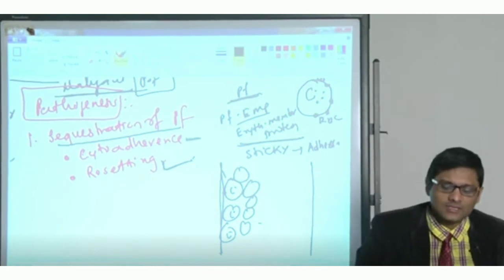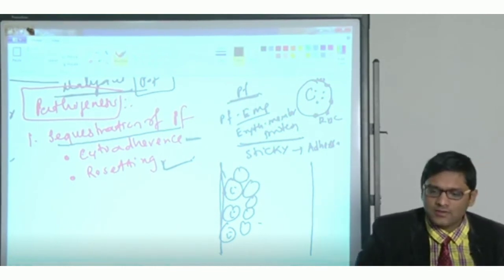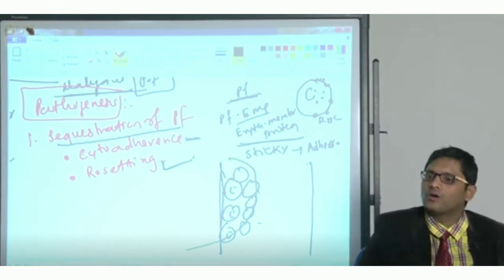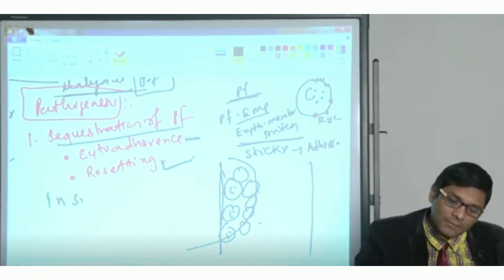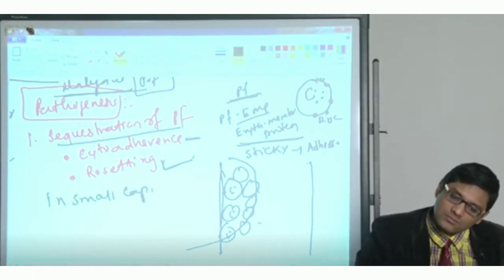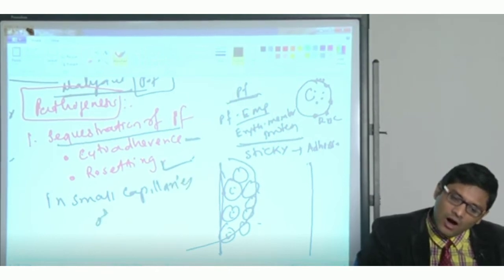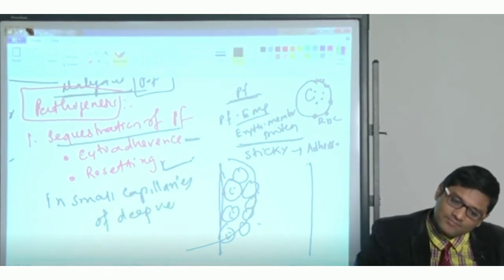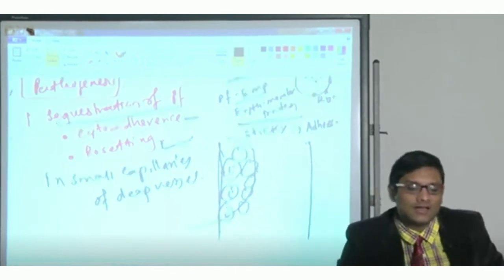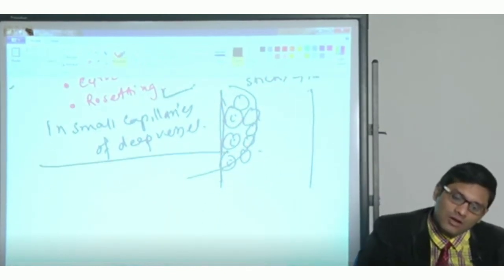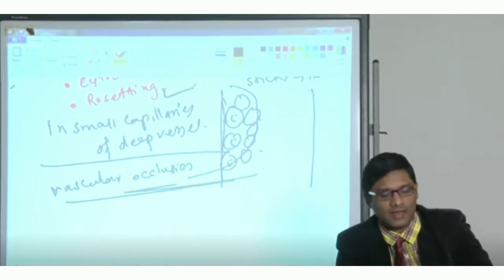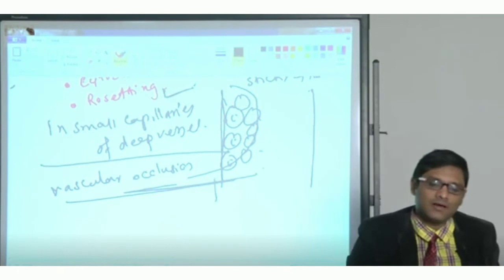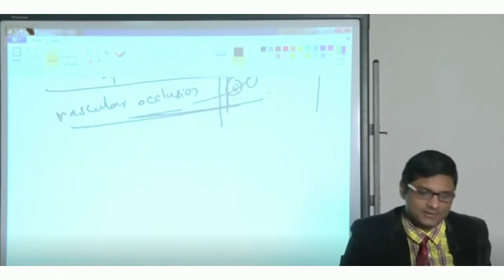See, this is a blood vessel, and a part of the blood vessel is occluded. So sequestration of Plasmodium falciparum, especially in small capillaries of deep vessels, leads to vascular occlusion, and this is the main mechanism why all these malignant manifestations take place.